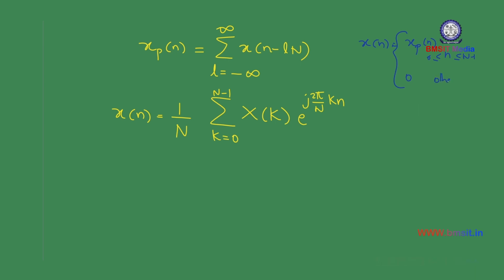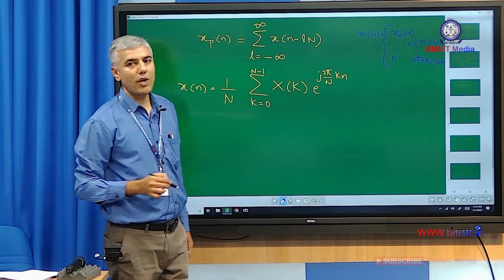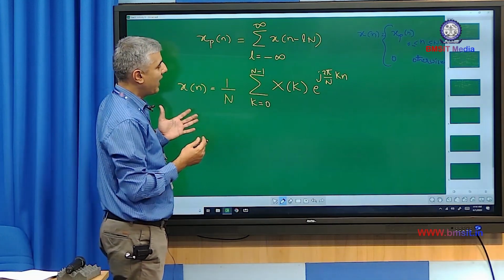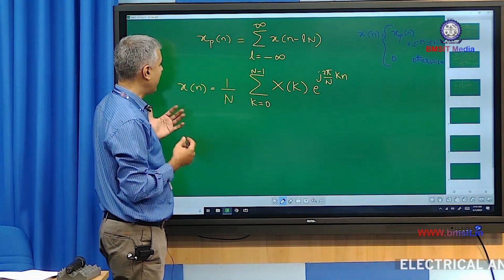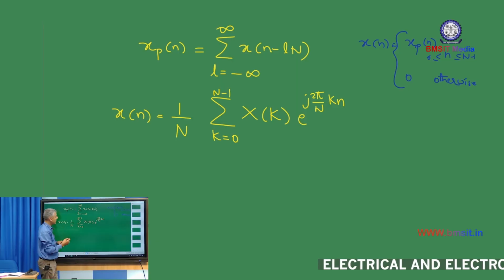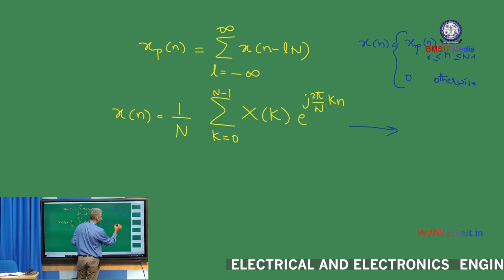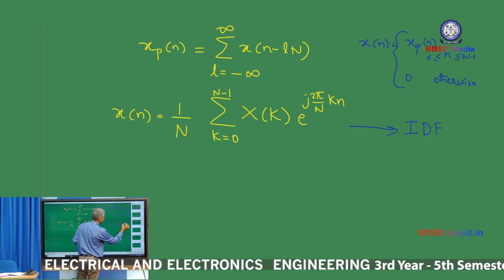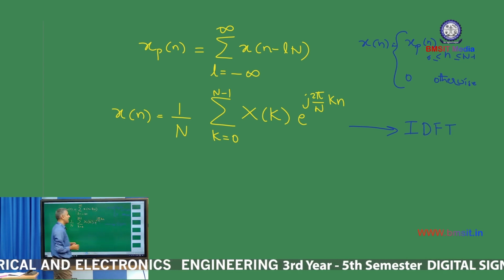This is the way in which we can recover x of n from xp of n. There is a more elegant way of obtaining x of n. The representation shown on the screen is called the IDFT, that is, the inverse discrete Fourier transform.